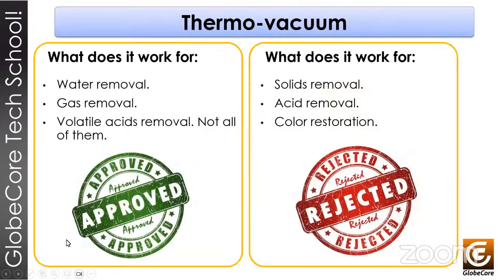Thermal vacuum is used to remove water and gas, and will remove some volatile acids, but not all of these acids. The thermal vacuum will not work for the removal of solid particles. It will not help with removing acids. It will not help the restoration of color of the transformer oil.